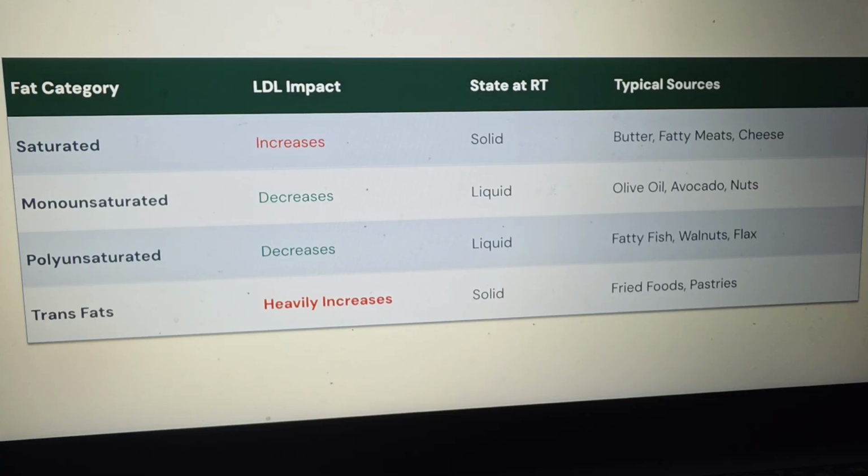Typical sources are olive oil, avocado, and nuts. These are a good source of monounsaturated fat. Polyunsaturated fat also decreases LDL and is liquid at room temperature. Typical sources are fatty fish, walnuts, and flax. Trans fats heavily increase LDL, and these are also solid at room temperature. Fried food and pastries are a good source of trans fat.